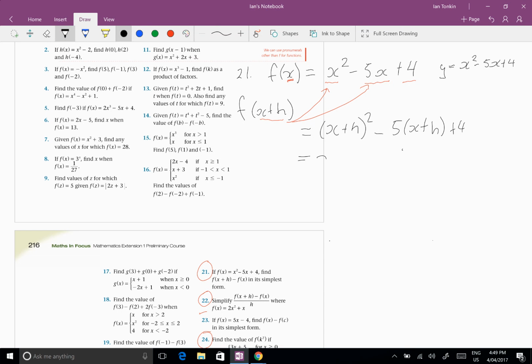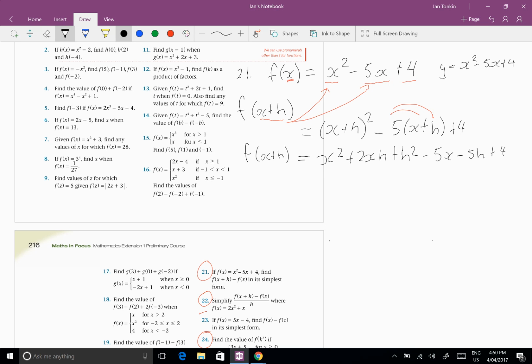That's pretty easy. I'll expand it. I'll get x squared plus 2xh plus h squared minus, now be careful here, I'm doing this expansion, it's minus 5x minus 5h plus 4. So I found f of x plus h just by putting x plus h everywhere there was an x.